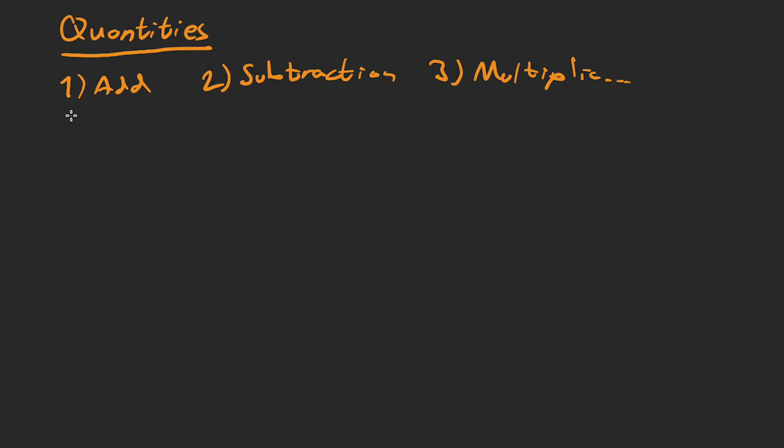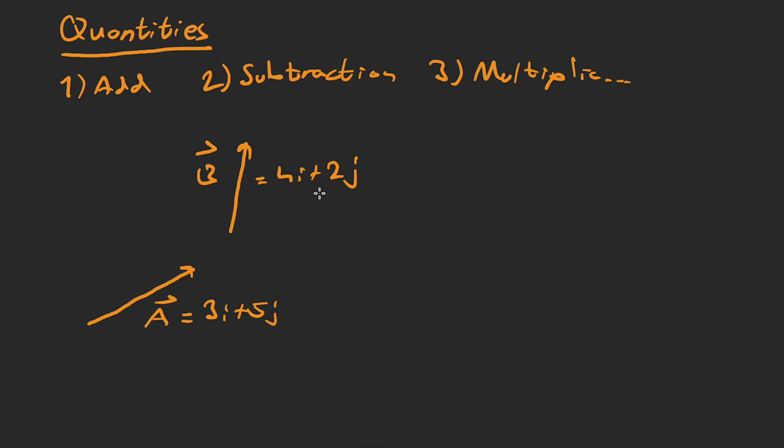For vectors, it's a little bit different, but it's not really hard. Let's say that you have a vector A and a vector B. These are not good representations, but just stay with me. Let's say that this is 3i plus 5j, and this is 4i plus 2j. It definitely isn't, but it really doesn't matter.